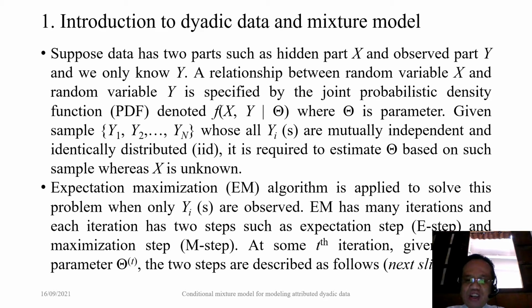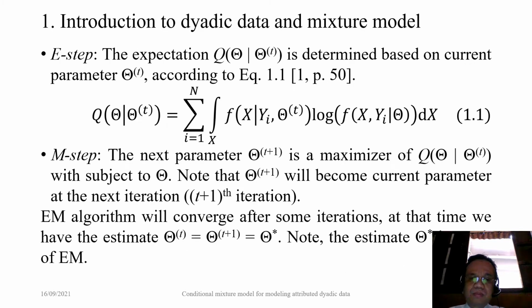EM has many iterations, and each iteration has two steps: the expectation step, E step, and the maximization step, M step. At some t-th iteration, given the current parameter theta t, the two steps are described as follows. In the E step, the expectation Q is determined based on the current parameter theta t according to equation 1.1. In the M step, the next parameter theta t+1 is the maximizer of Q with respect to theta.